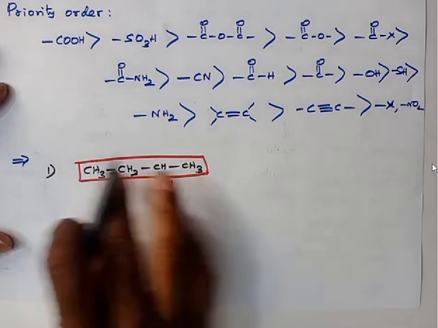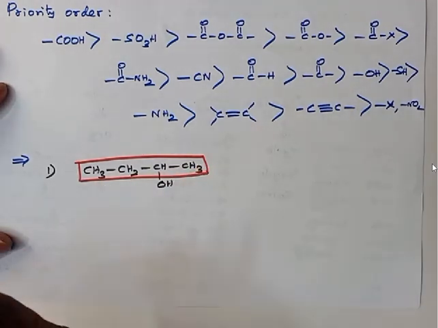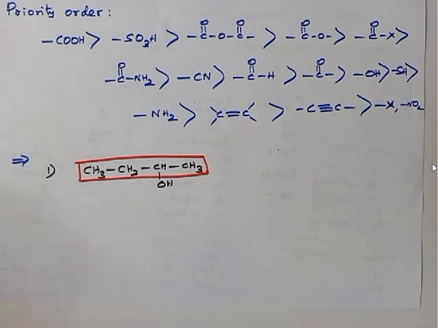After fixing the longest chain, we should give numbers. Numbering should be carried out only if it is required. For some simple compounds, numbering may not be required. What is the purpose of numbering? Numbering should differentiate isomers.